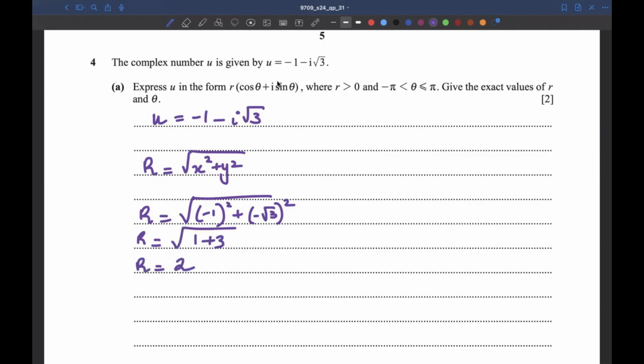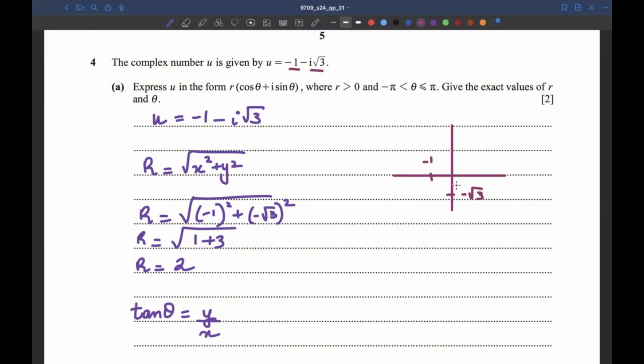And now to find the value of theta, we write tan theta is equal to y over x. But one thing we'll have to be careful about is that looking at the coordinates, we know that this is present in the third quadrant, as the x value is negative, and the imaginary value, which is negative root 3, is also negative.